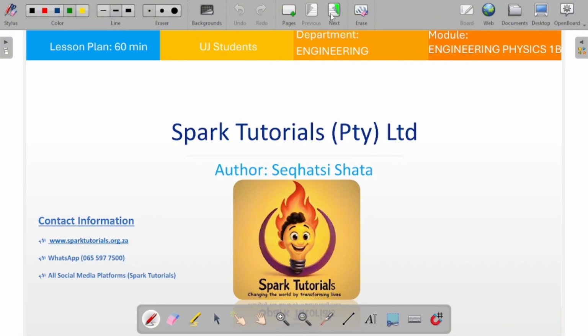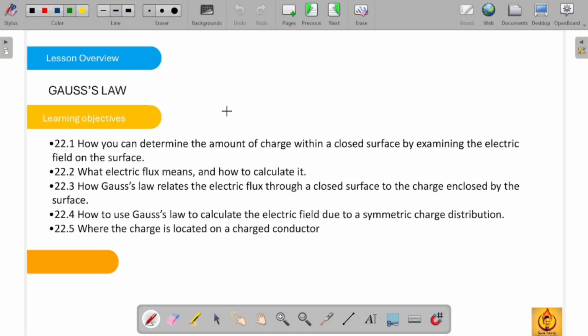Our next topic is Gauss's law, and Gauss's law is intended to make things simpler for us. You'll find that with Gauss's law, we are just going to look at the symmetry of our problem and then calculate using shapes. We're going to mostly use shapes here to simplify stuff.